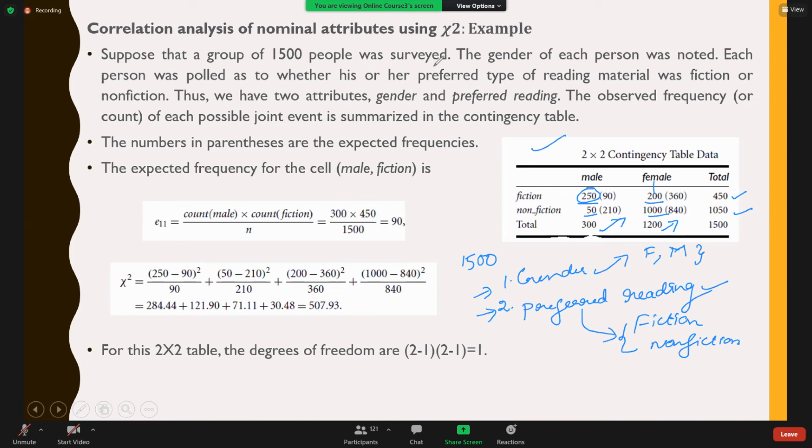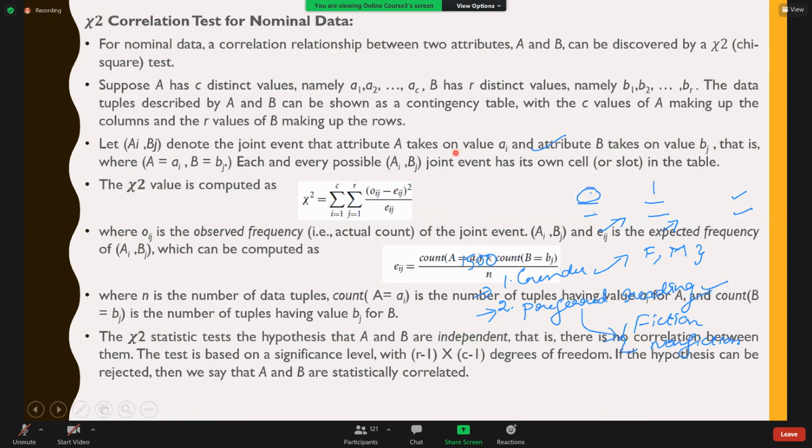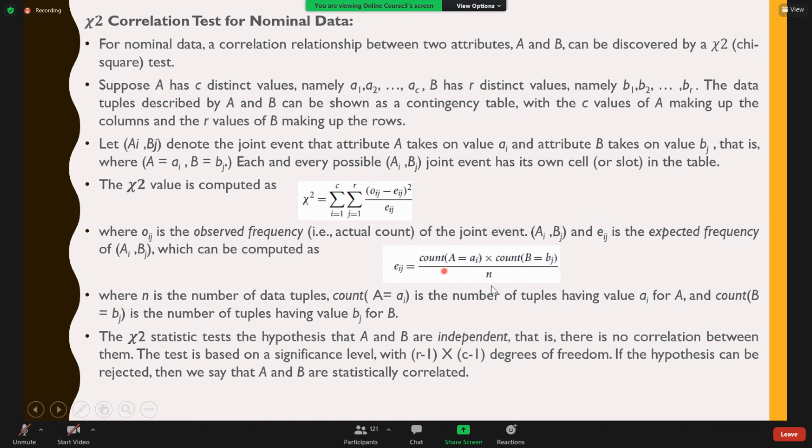We need to calculate the expected frequency. The expected frequency is calculated using this formula: count of possible values of A_i and count of possible values of B_j, divided by total number of observations.